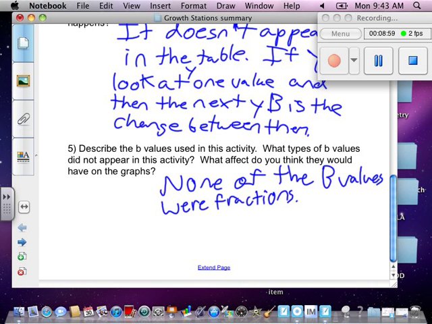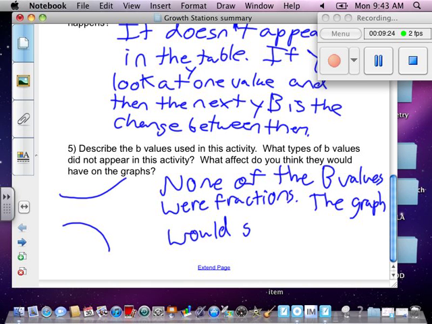All of these graphs either started low and went up or started low and went down underneath it. So what do you think if we put a fraction in it? Do you think they would start low or start high and go low? The graph would start low and get higher.